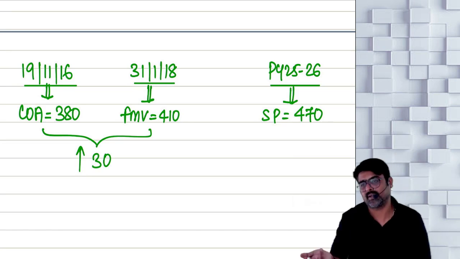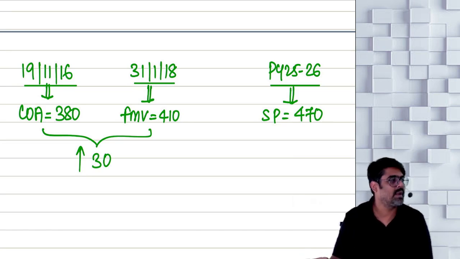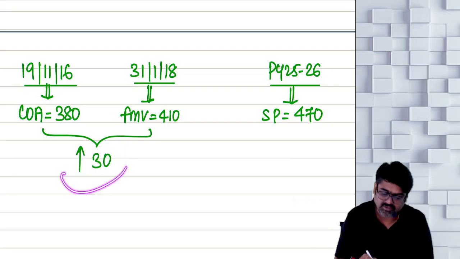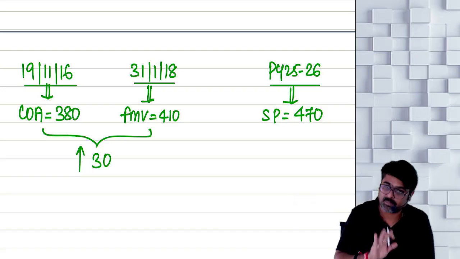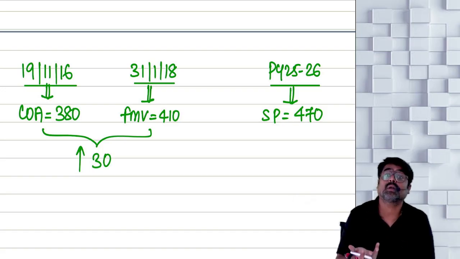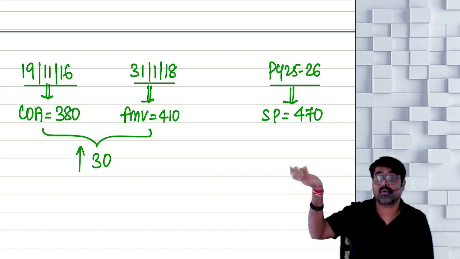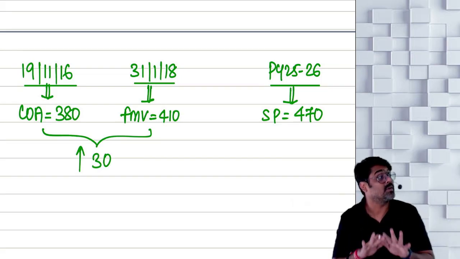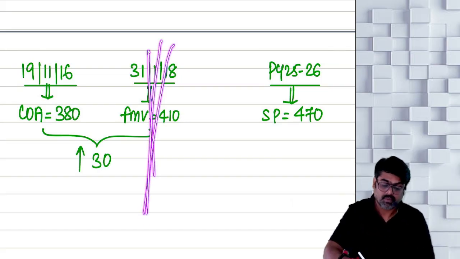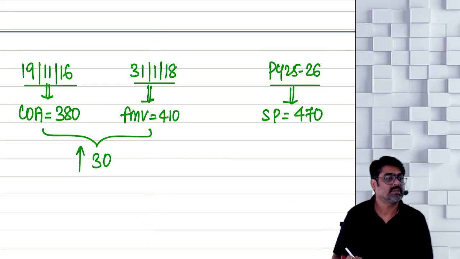If we charge the entire 90, what will happen? We'll charge this 30 also, which is wrong, because this 30 is for that period for which you were not aware that this gain was ever going to be taxed later on. Yes or no? So we should not be charging the tax on this gain up to 31st January.